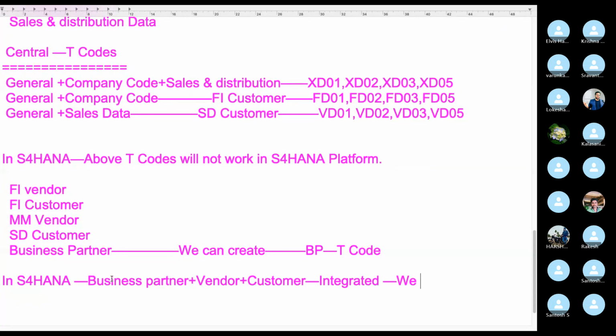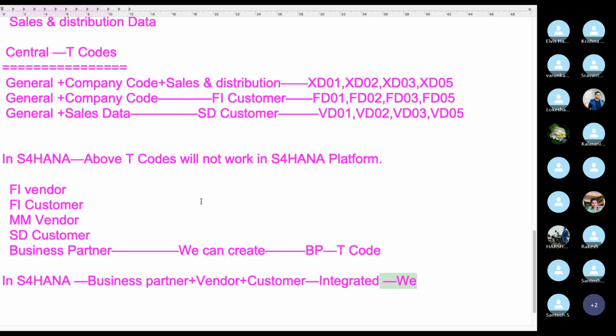Business partner is the general data, so in one place you will use this general data for vendor and also for customer. We will create FI vendor, FI customer, MM vendor, and MM customer in the same place. That's the reason.